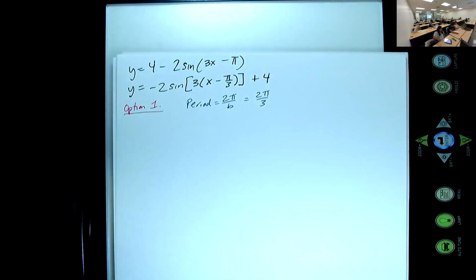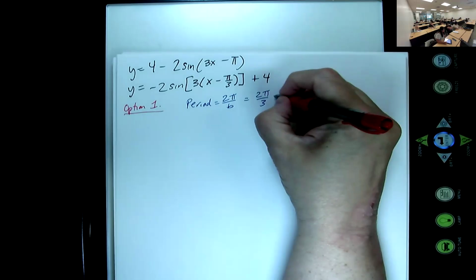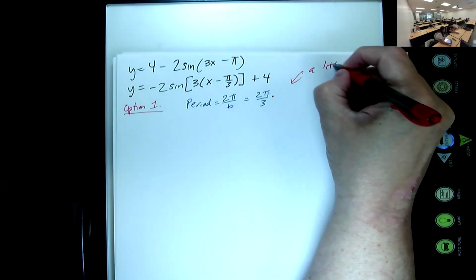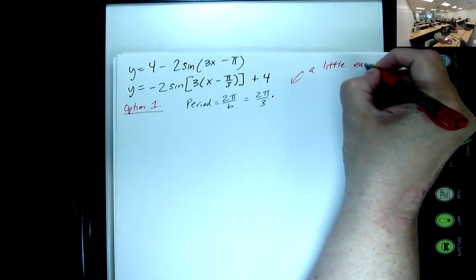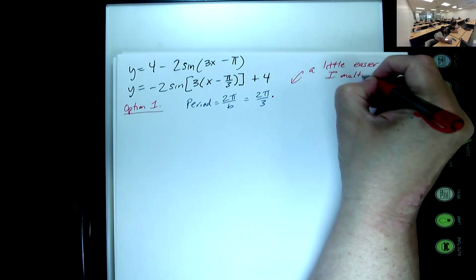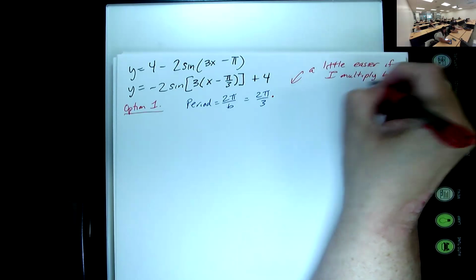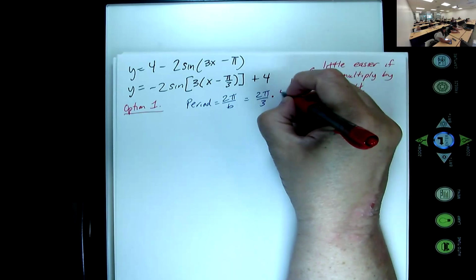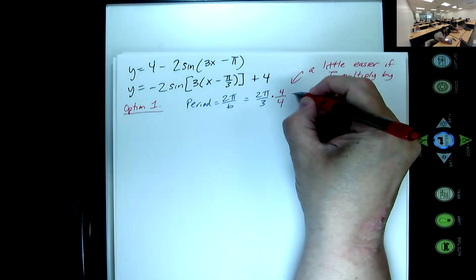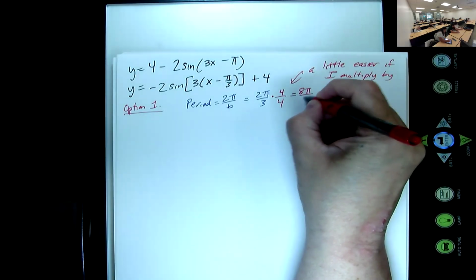You will often find that finding the 4 points or the 4 regions is a little bit easier if I multiply by 4 over 4. In this problem I can get away with 2 over 2, but I'm going to do 4 over 4. This gives me 8 pi over 12.